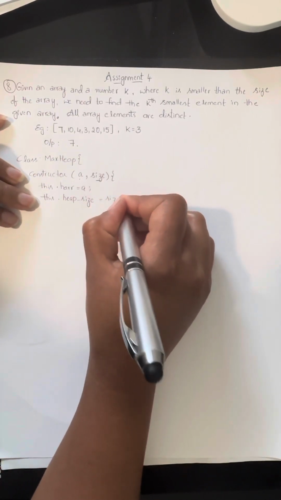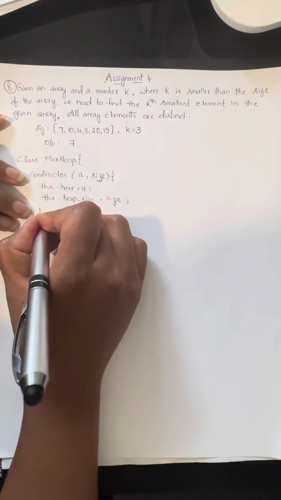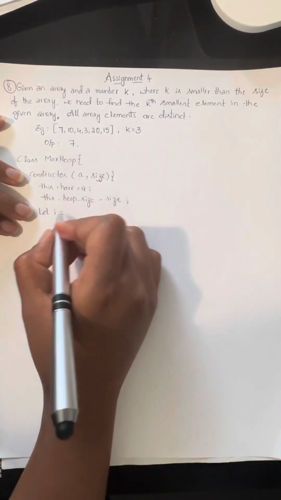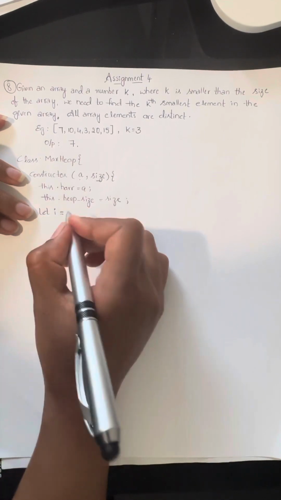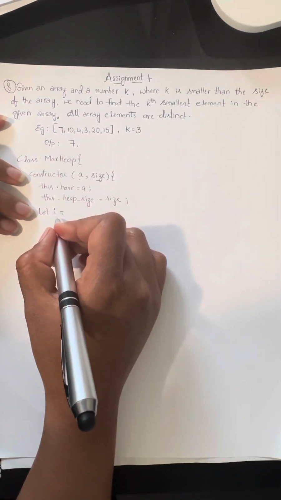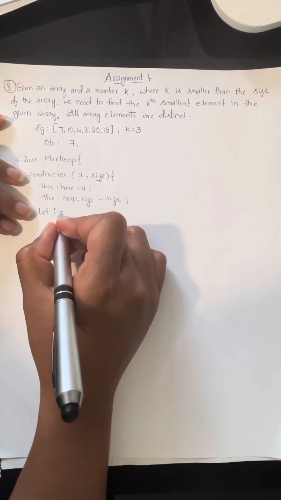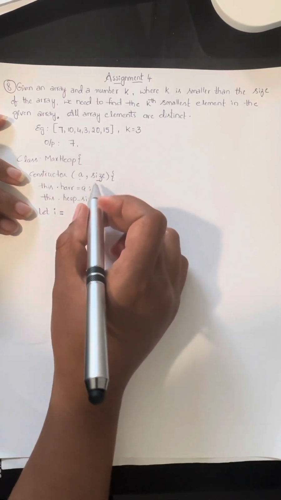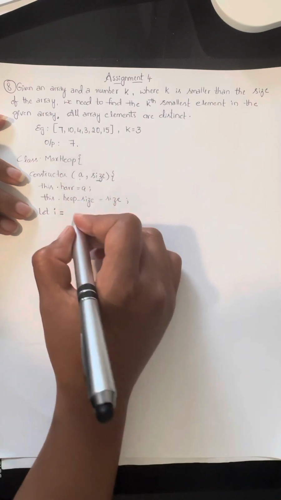I'm writing a few variables, and so I'm declaring I. In the I, I'm going to take the leftmost child of the array with the given size.